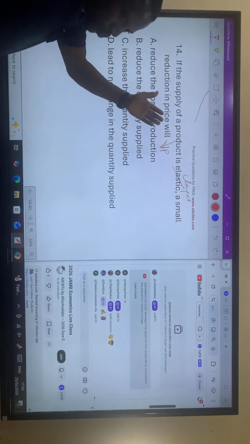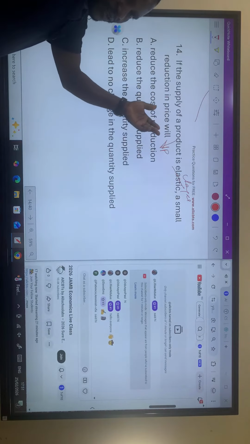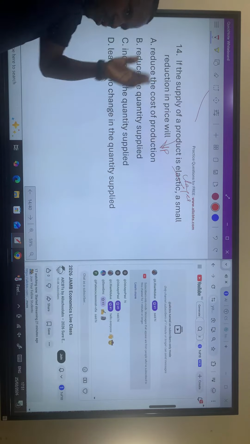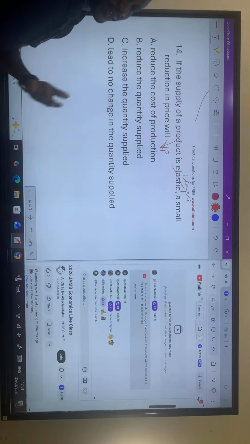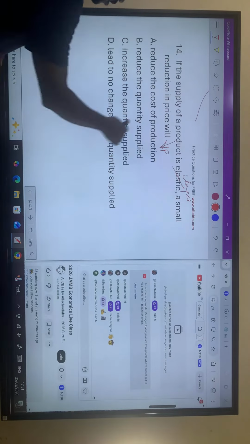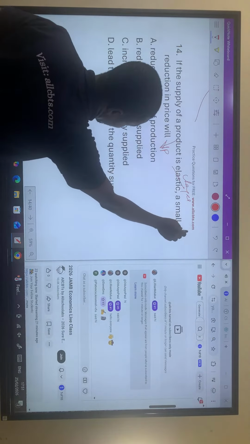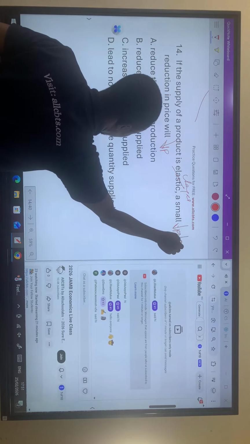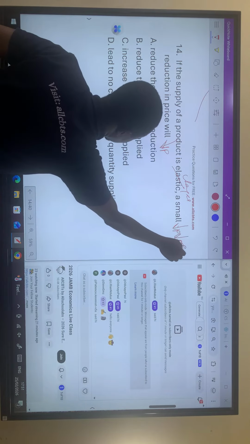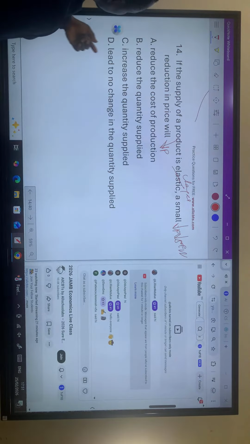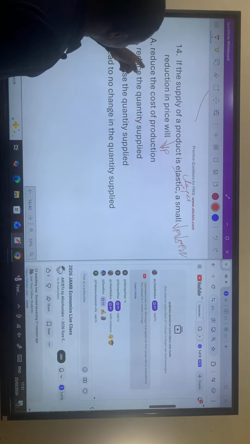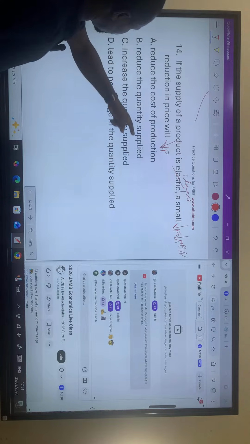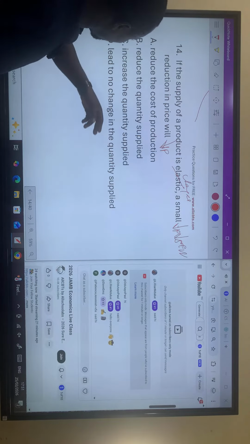Since the supply changes easily, when the price comes down, it will affect supply. And remember, according to the law of supply, the lower the price, the lower the quantity supplied, and vice versa. Okay?